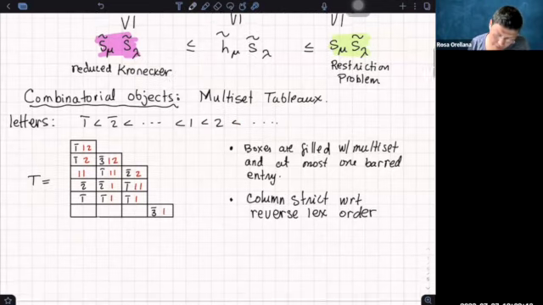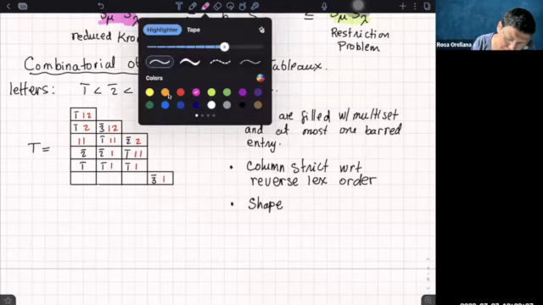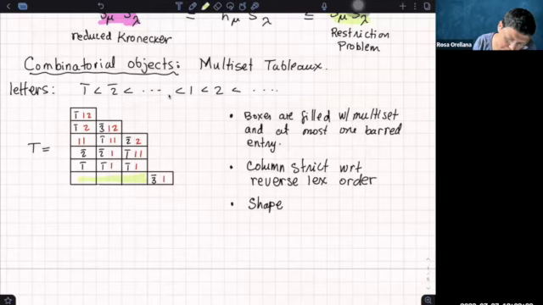Then one thing that will play a role is the shape. It has a skew shape always. You always have empty boxes, like the length of the second row.